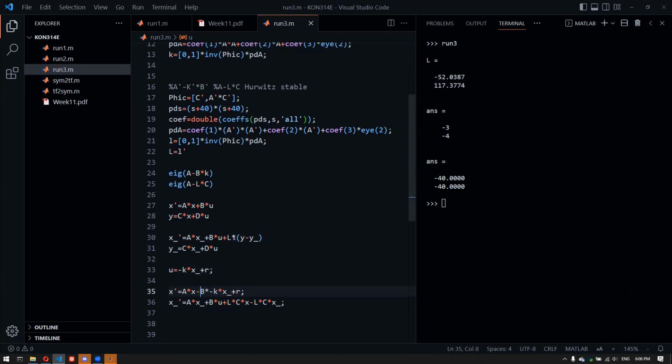So this is minus BKX plus BR, I guess. Yep. So that's one thing. And the same goes for the other equation here. So we'll have minus KX plus R like this. So it will be minus BKX and plus BR.